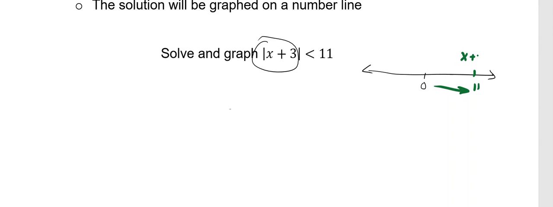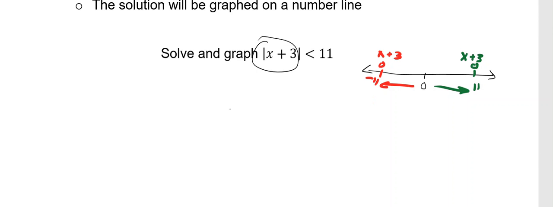That could be where my x plus 3 is, as an open dot. But it could also be no more than 11 away to the left of 0, represented as an open dot at negative 11, with x plus 3 being there.